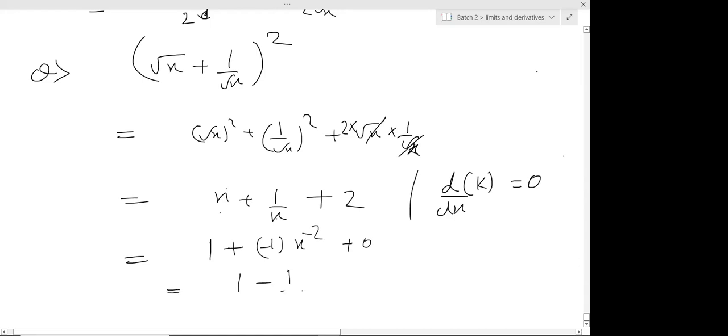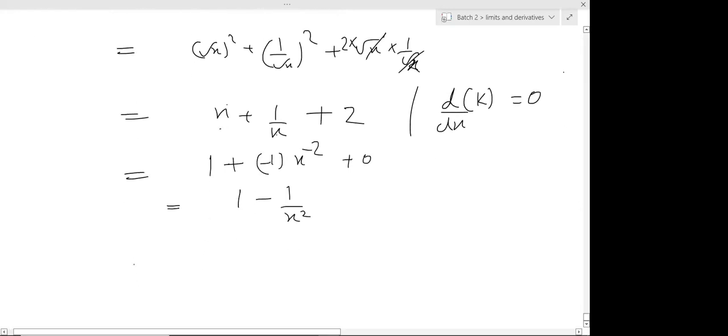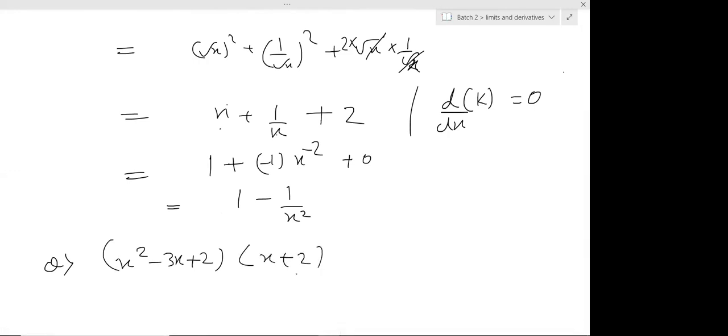So this is 1 minus 1 upon x squared. All right, let's solve one more question. x square minus 3x plus 2 into x plus 2. Try to solve this one.